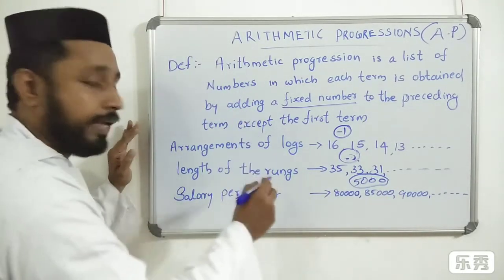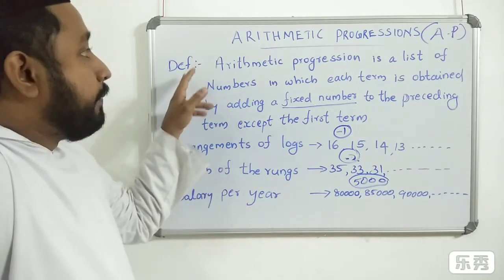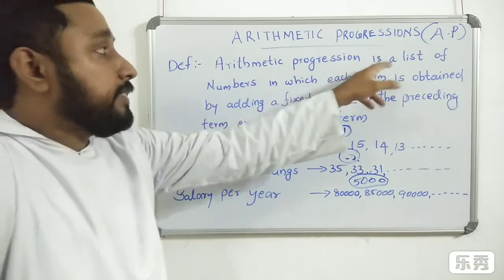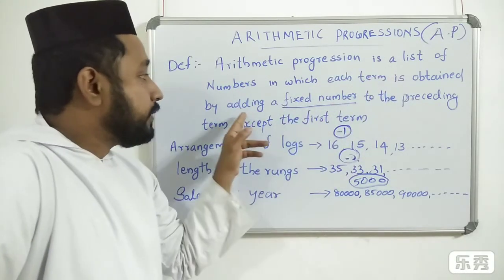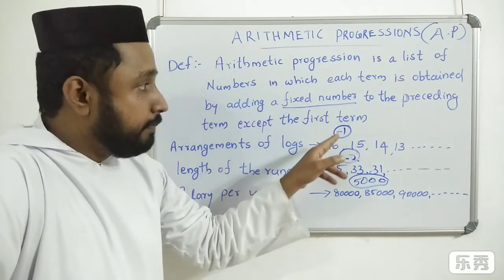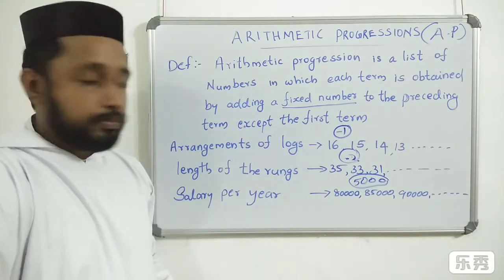So these are the examples of arithmetic progression. An arithmetic progression, or AP, is a list of numbers in which each term is obtained by adding a fixed number to the preceding term except the first term.